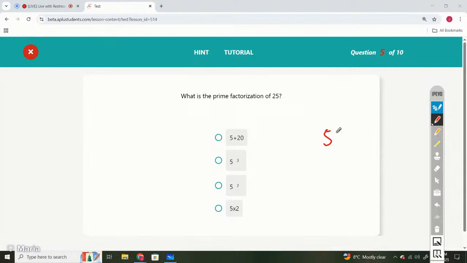The factors are 5 times 5, and we can write it as 5 squared. Option number 3 is the correct option, that is 5 squared.